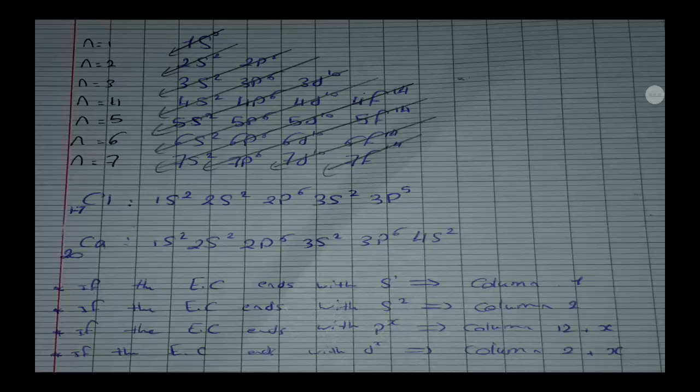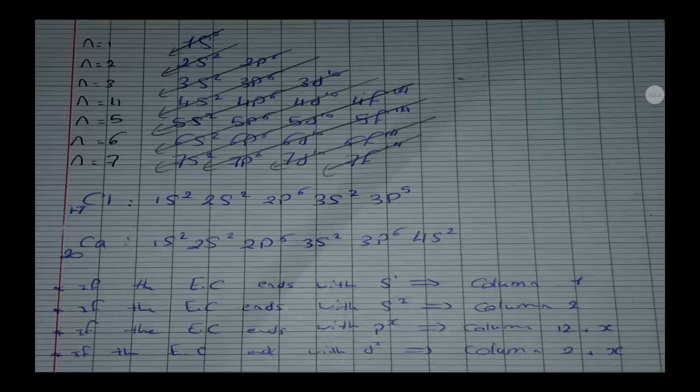Here they are, okay? Now, how to determine the column and the row? If the electron configuration ends with s1, with 1 electron, then it is in column 1. If the electron configuration ends with s2, then it is in column 2.